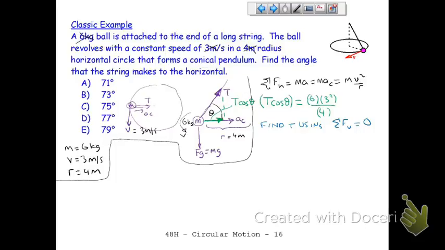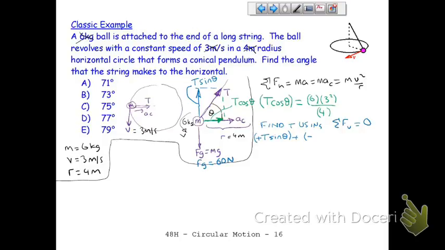So now I say, well, this is not in the vertical, but it has a component in the vertical. Let's drop that to that side and go like that. And let's recognize that this is T sine theta. So I say T sine theta. That's going in a positive direction. Added to minus, well, let's see if I can just write that in. Fg is going to equal minus 60.